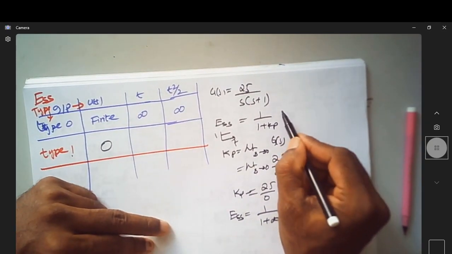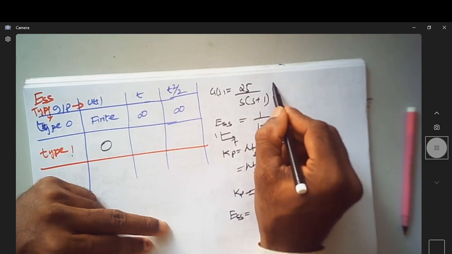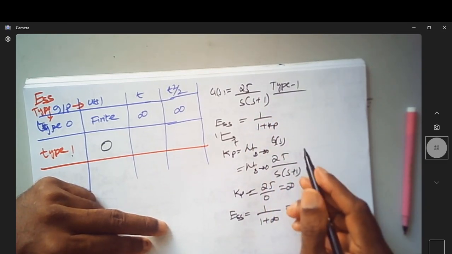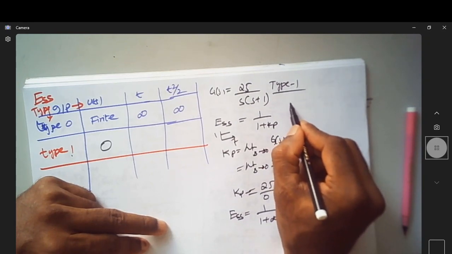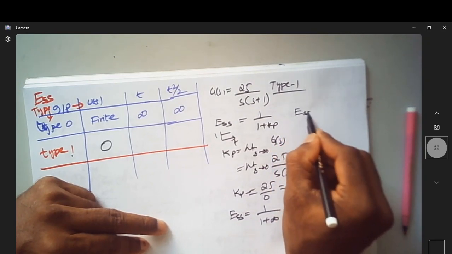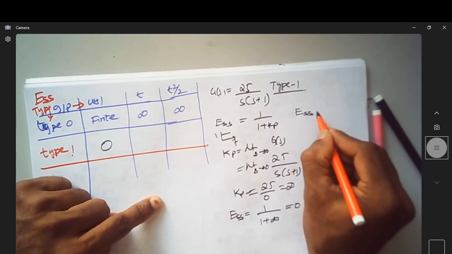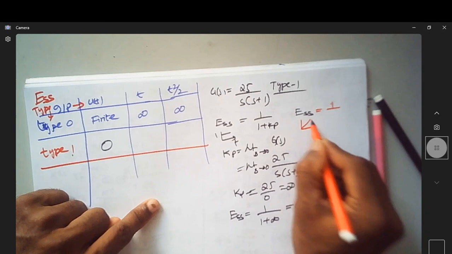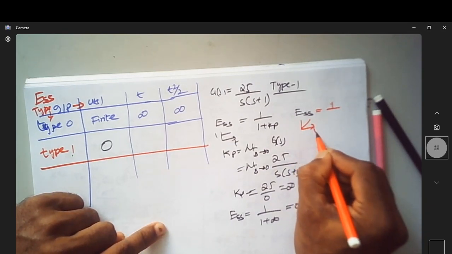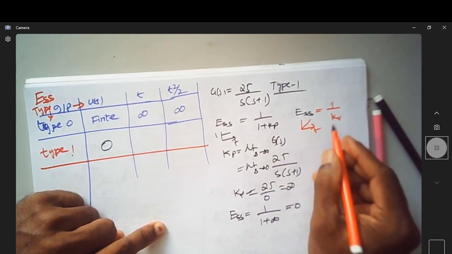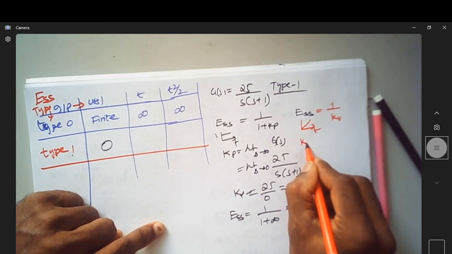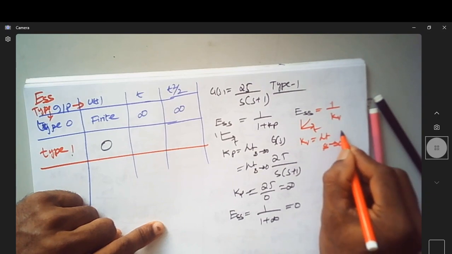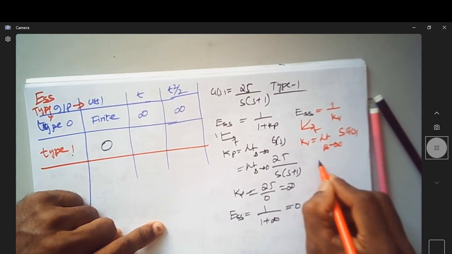Again, take the same type 1 system. Let us consider the input, which is a ramp input. For a ramp input, it is 1 over kV. So what is kV? kV is nothing but limit of s tending to 0, s into GFS.